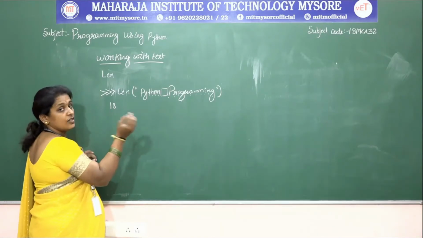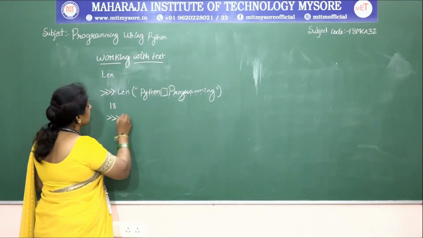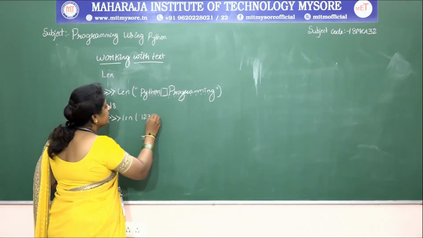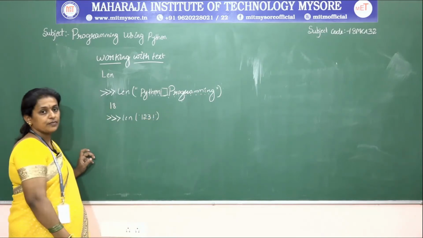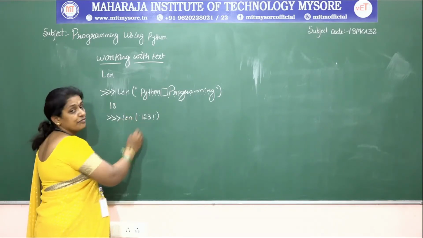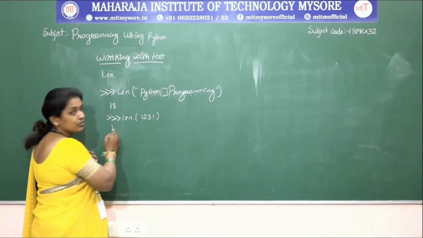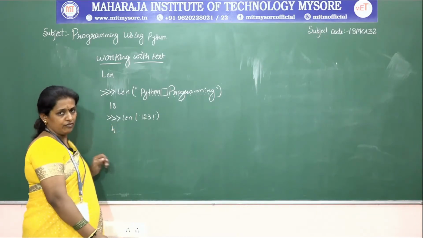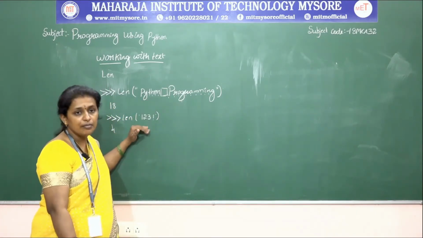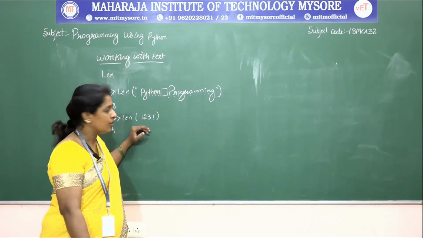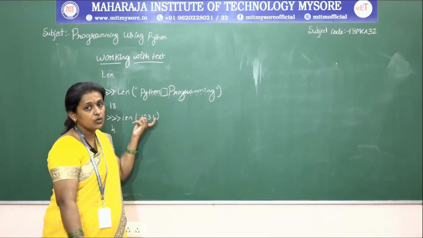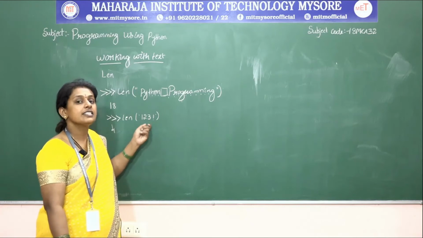Let us consider one more example: length of 123 followed by an exclamation mark. What is the length of this value? It is 4. Maybe you are confused: here you have written numbers, shouldn't it be a string? No. When you quote with double or single quotes, it is treated as a string.